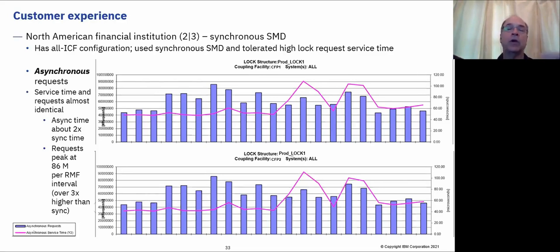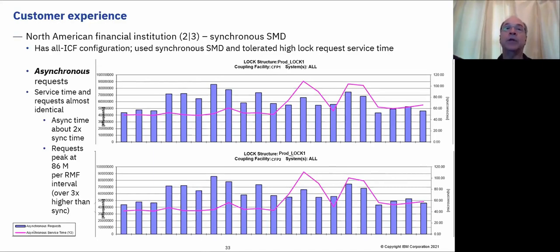And the blue bars are the same shape because anything that gets converted to async is going to both of the structure instances. But the thing to notice is that 86 million requests per RMF interval were converted to async. That's over 3 times, so over 75% of lock requests are getting converted to async because of how long system managed duplexing takes.